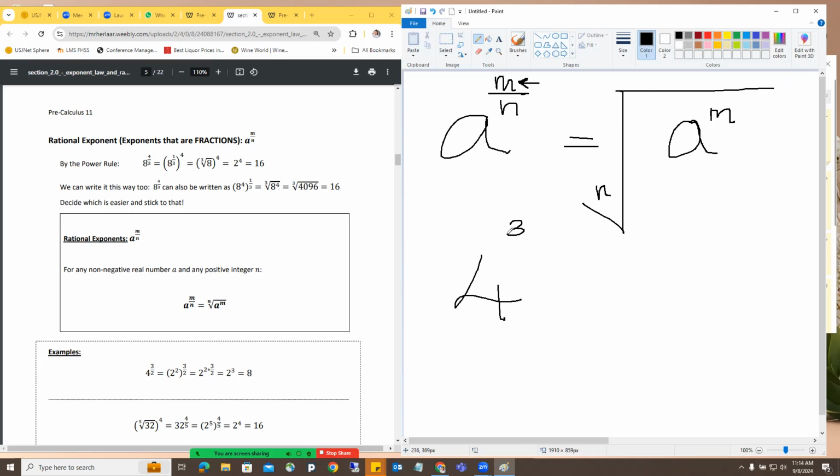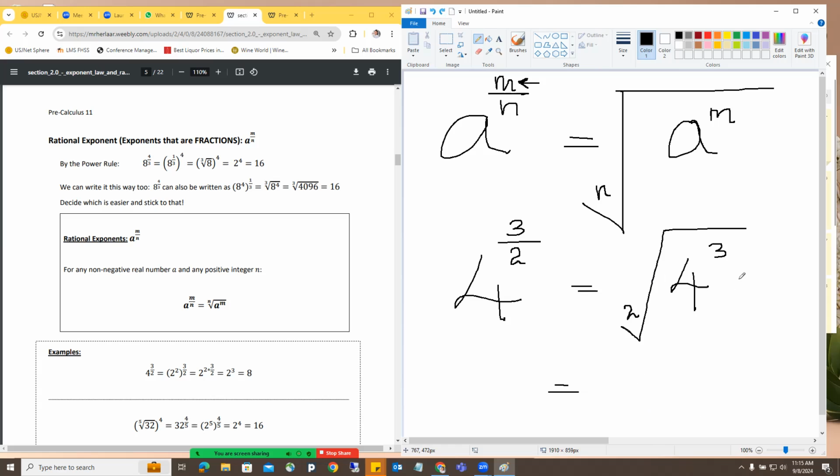Let's assume we have an example like this, 4 to the power of 3 over 2, which means we can rewrite it as the square root of 4 to the power of 3. Is it clear? Okay. Then how are we going to simplify this?